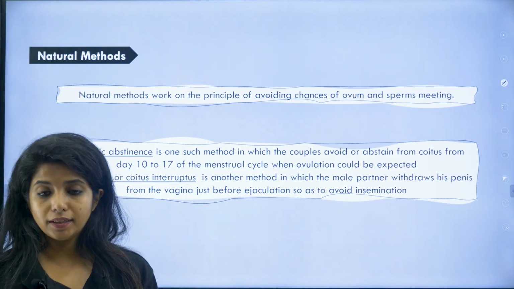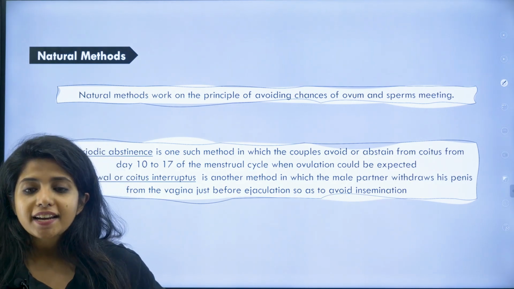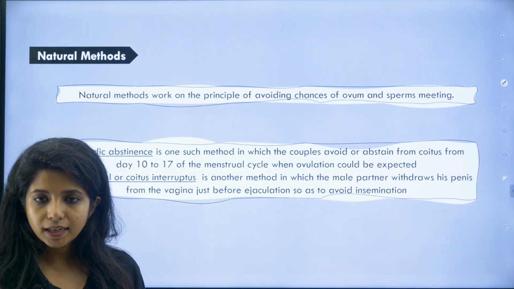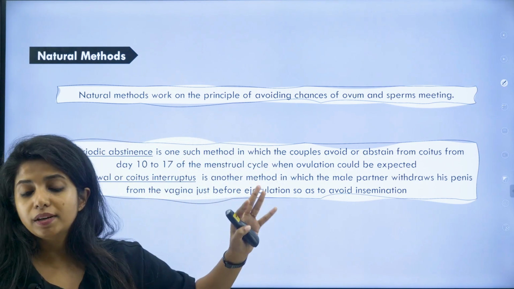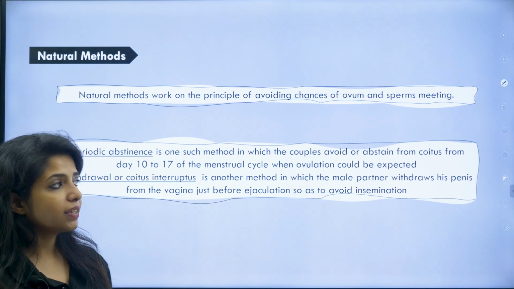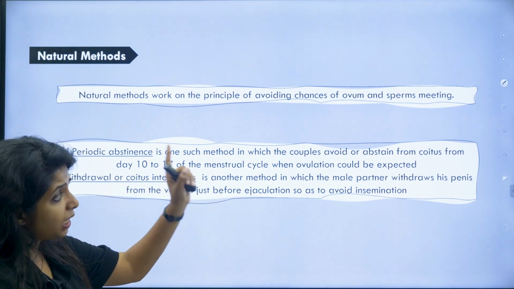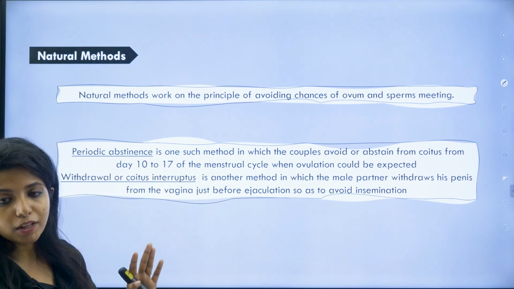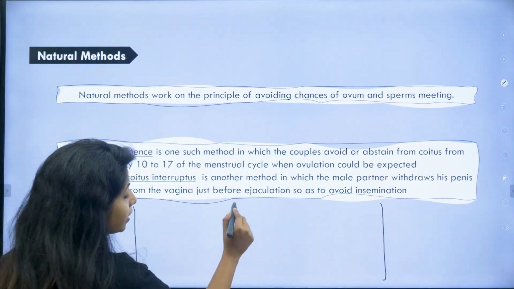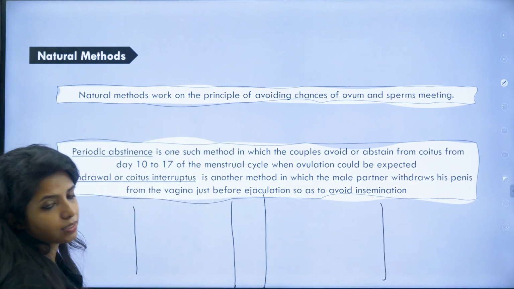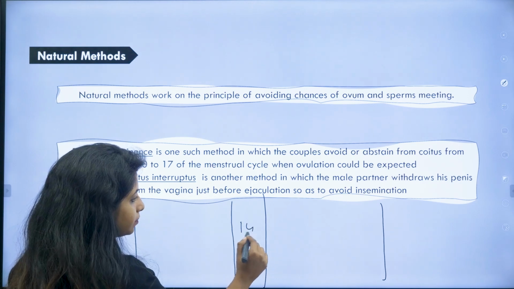Now, there is one method which is known as the natural method. What do you mean by that? Basically, natural methods work on the principle of avoiding the chances of the ovum and the sperm meeting naturally. So, periodic abstinence: during the menstrual cycle there comes a phase where ovulation takes place, that is on the 14th day.